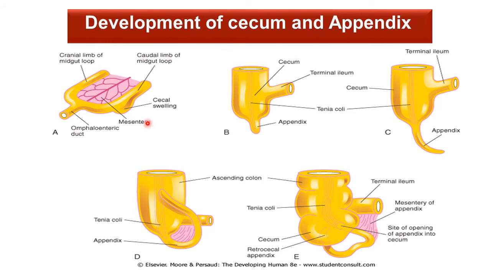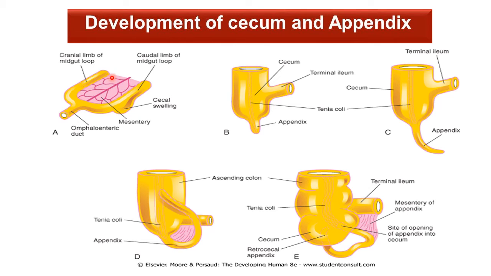For the development of the cecum and appendix, you have seen that initially there is the appearance of the cecal bud or cecal swelling, and this appears on the anti-mesenteric border of the gut. So what is that anti-mesenteric border? You have seen that the small intestine has the mesentery.